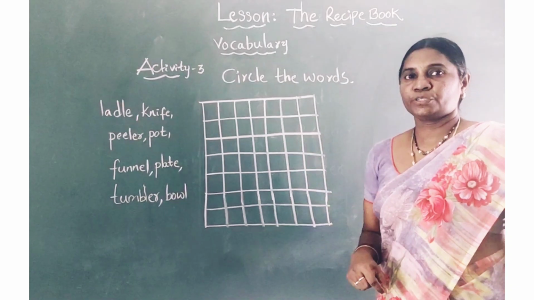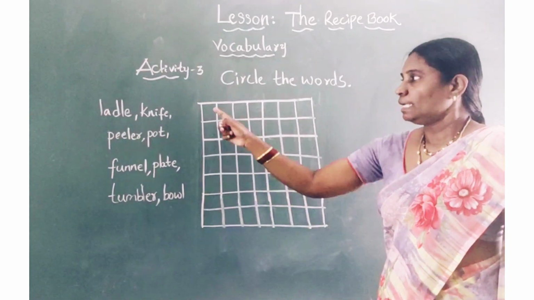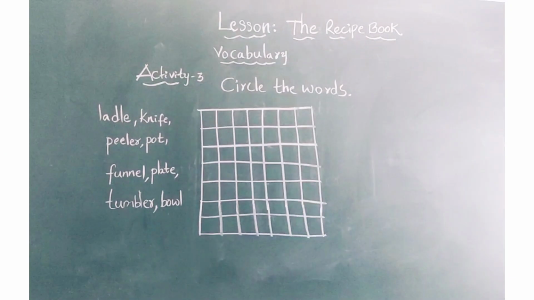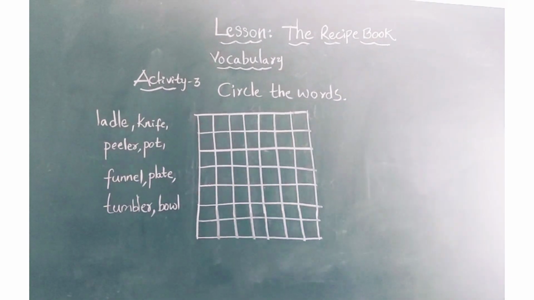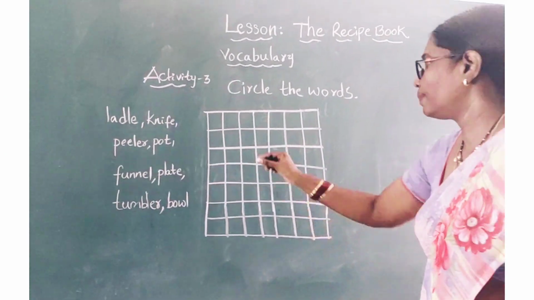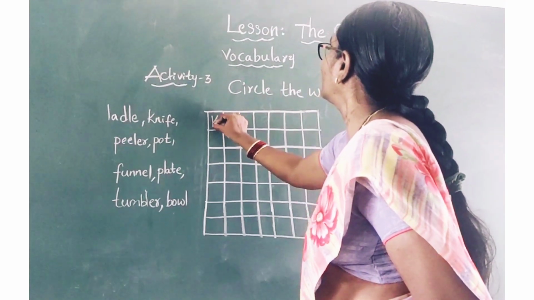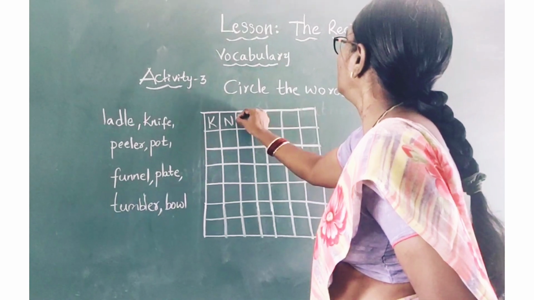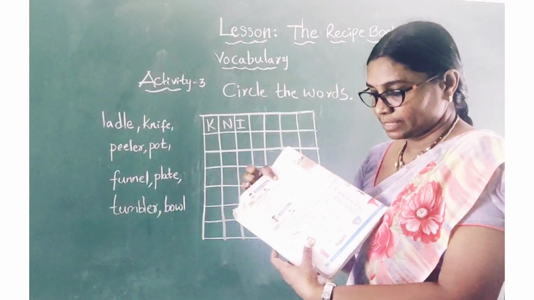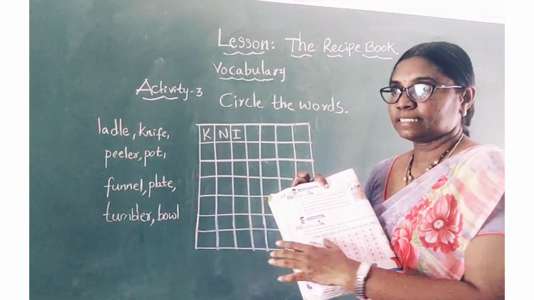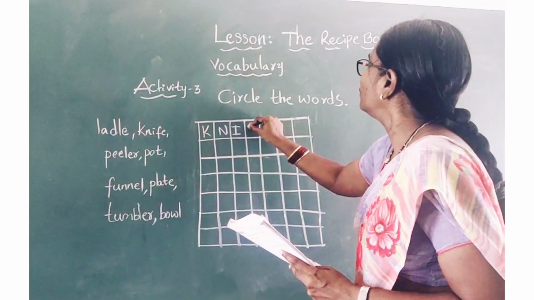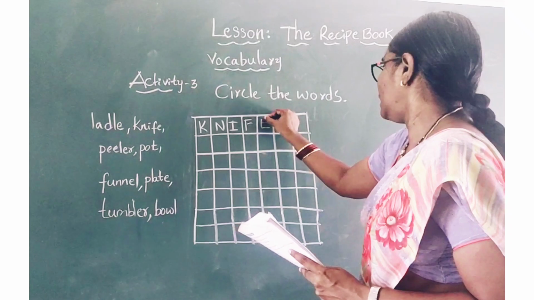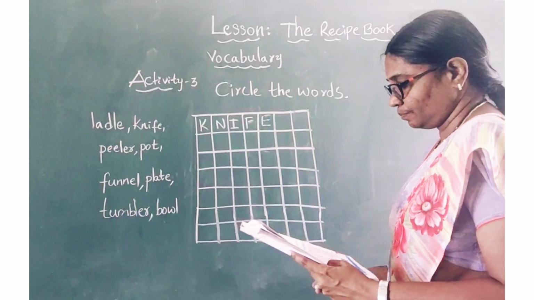So now I am going to write the letters here. In the textbook we have the letters like this, so I am going to write them as already mentioned in the textbook.